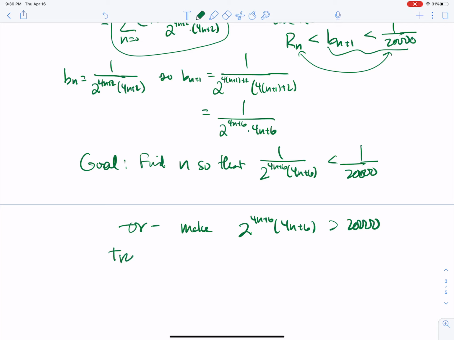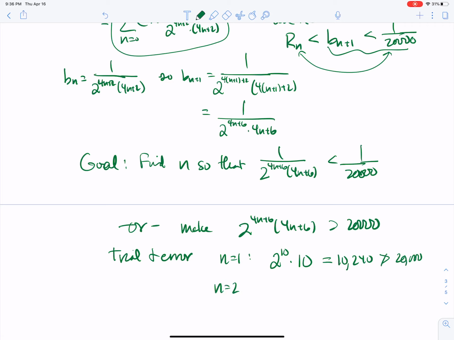This is a case for a little bit of trial and error, but it turns out I don't need to do too much here. Let's look at n equals 1. If I put 1 in for n, I get 2 to the 10th times 10. And that number turns out to be pretty big already, 10,240, but that's not bigger than 20,000.